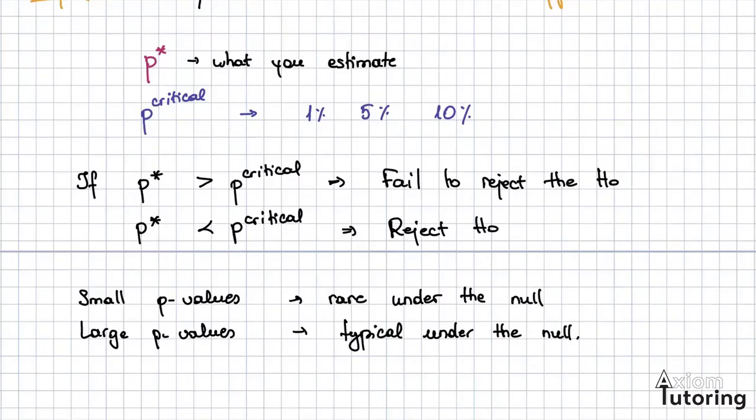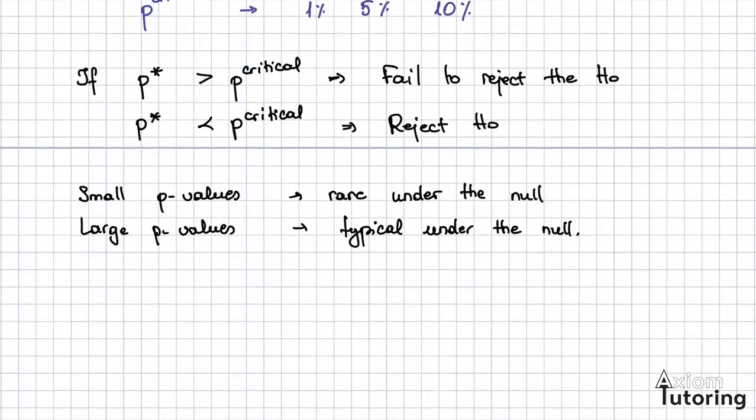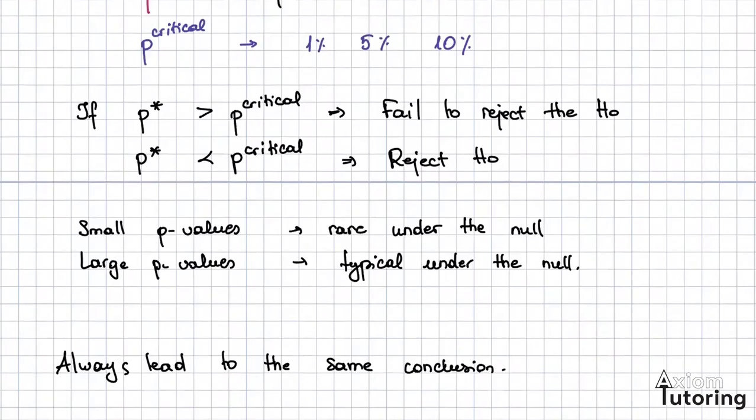Now, the p-value approach and the critical value approach will always lead to the same conclusion. And if you are confused about how they can lead to the same conclusion if their rejection rules are different, that is because of the inverse relationship that exists between the t-value and the p-value.